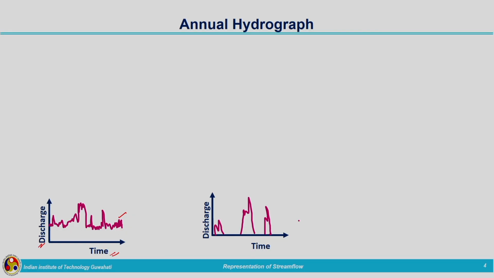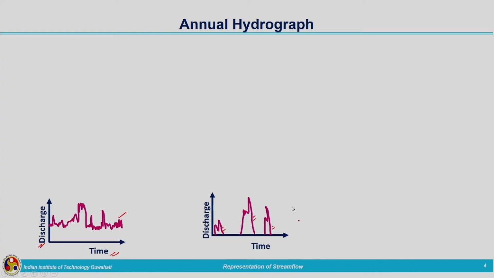And the second one is the one in which we are having stream flow at certain periods only. This is for the entire year, and you can observe that the peaks or the flow details are there corresponding to certain periods of the year, not for the entire year. And there is a third kind of annual hydrograph.